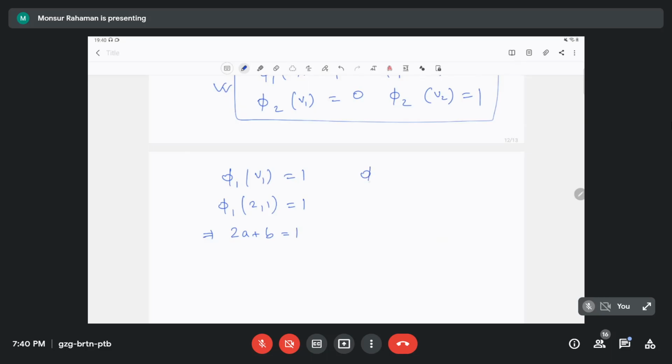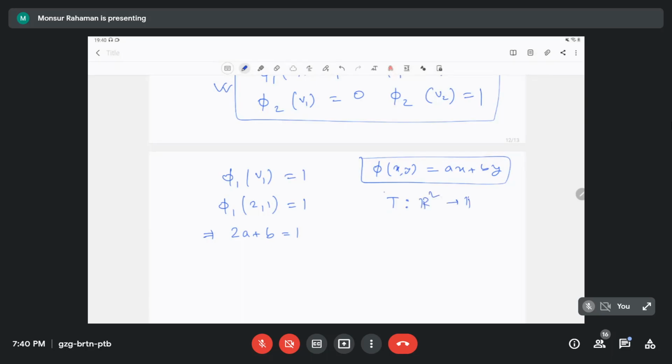Just like before, phi of (x, y) is equal to ax plus by. Any function will be of this type. You cannot change it. And also if you think that T is a linear transformation R2 to R2, you can send this vector to ax plus by and cx plus dy.